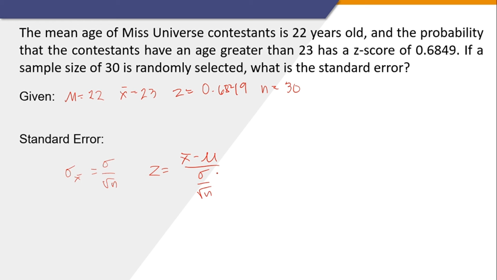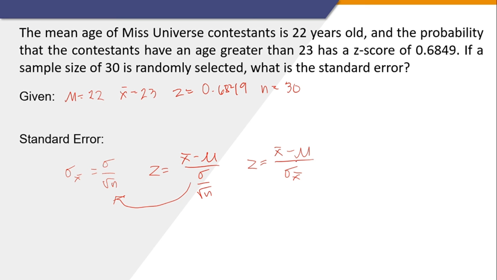And then, mapapansin nyo na yung nasa baba, yung denominator natin is sigma over the square root of n, which is the same doon sa formula ng standard error. So, kapag sinabi natin z is equal to the sample mean minus the population mean over the standard error, same siya dito. So, same itong formula na to sa formula na ito.